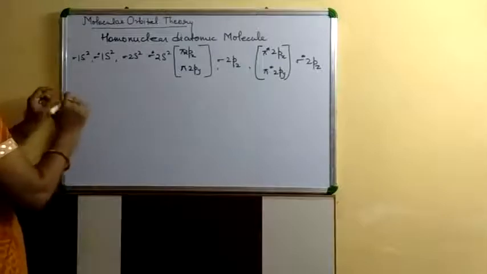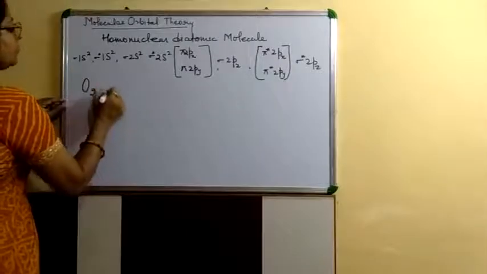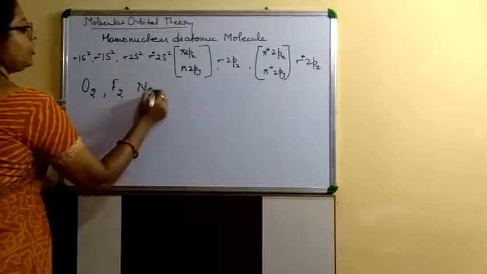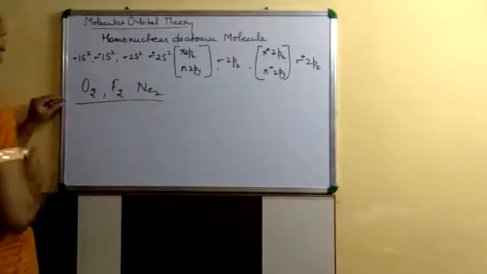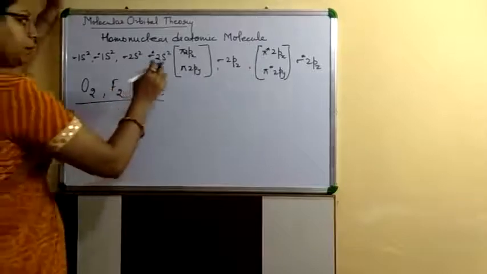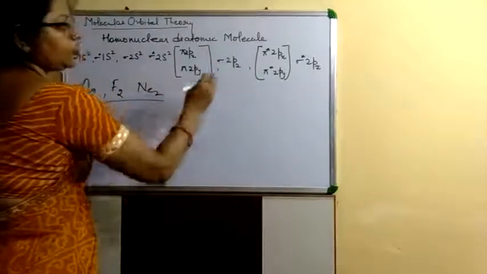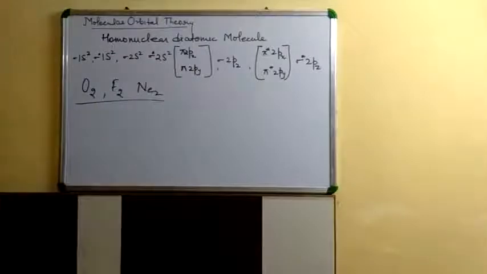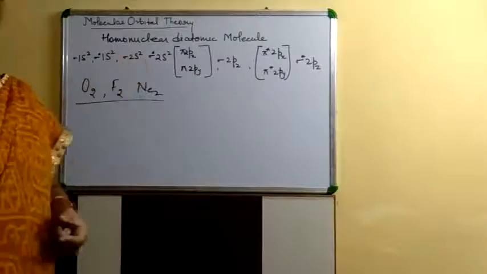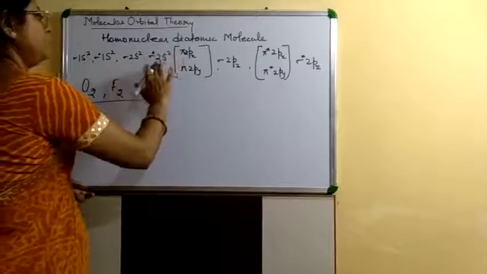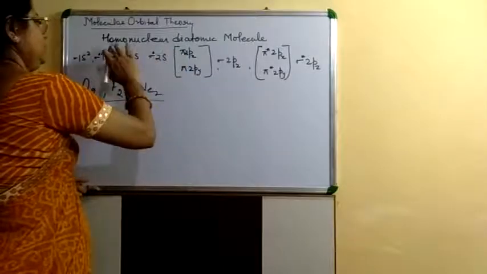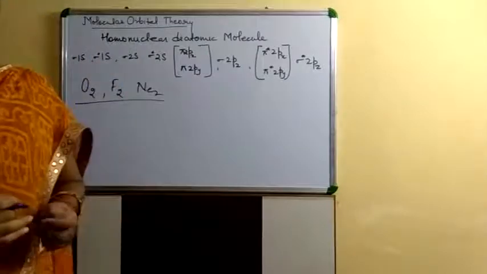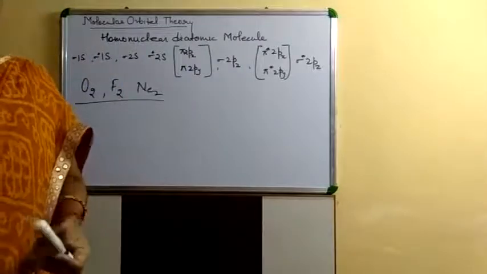This is for the general case, but for oxygen, fluorine and neon molecules, the sigma 2pz orbital has comparable energy to the sigma 2s orbitals.